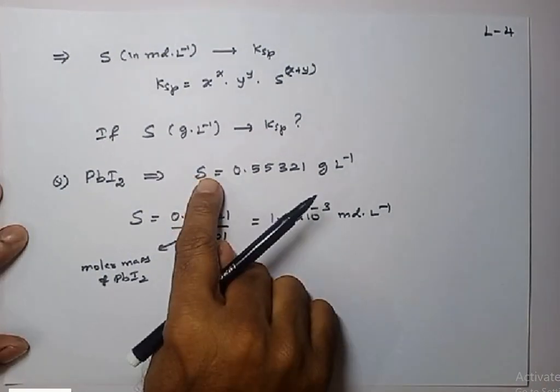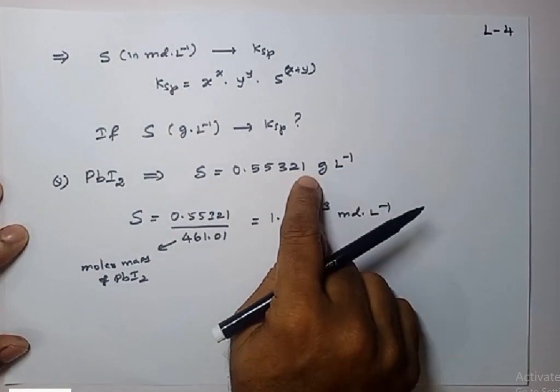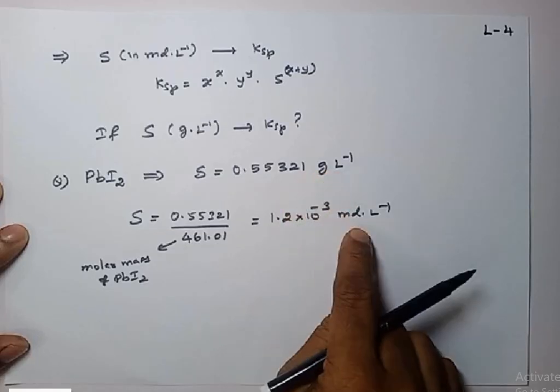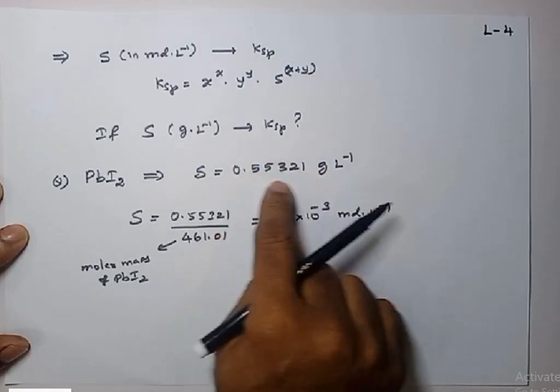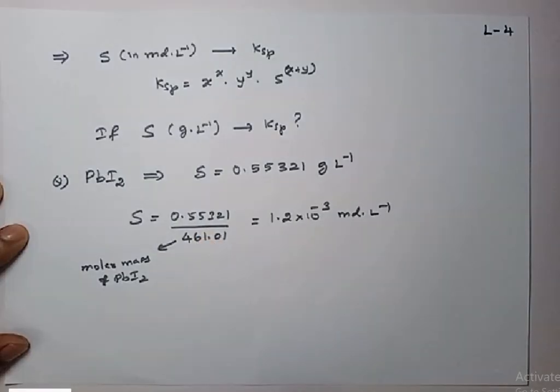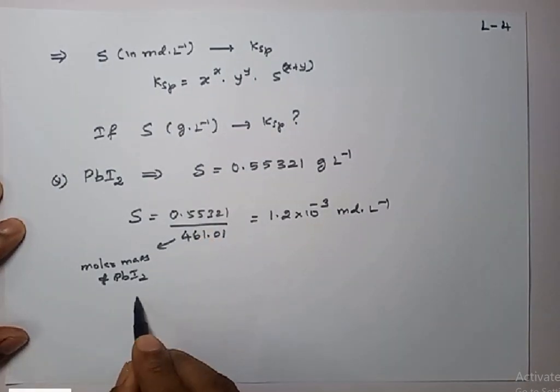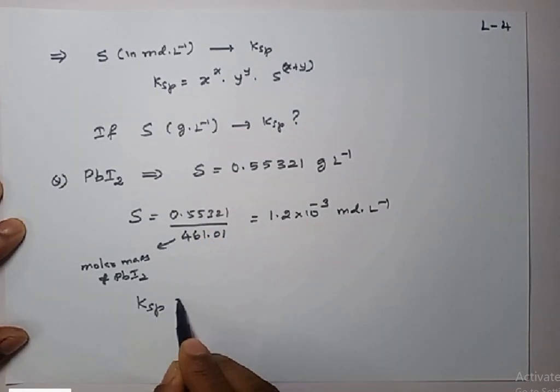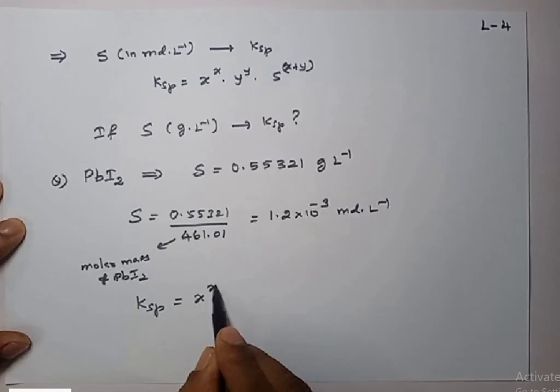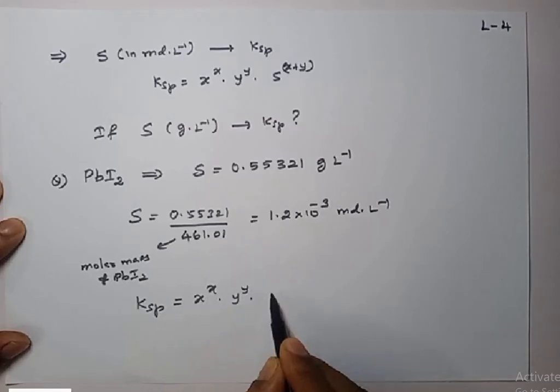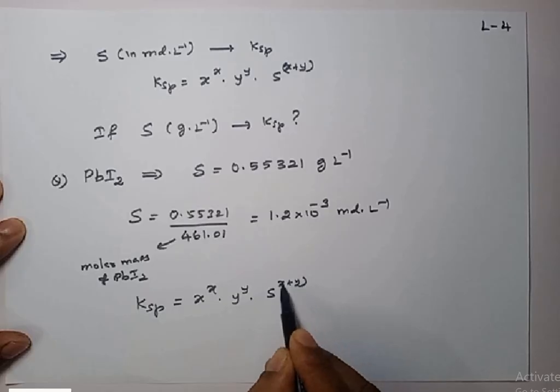So if solubility is given in gram per liter, first convert gram per liter into mole per liter by dividing the given value by the molar mass. Then we can calculate the solubility product. How? Ksp equal to x power x, y power y, and s to the power x plus y.